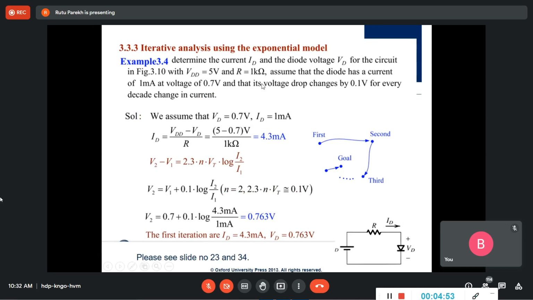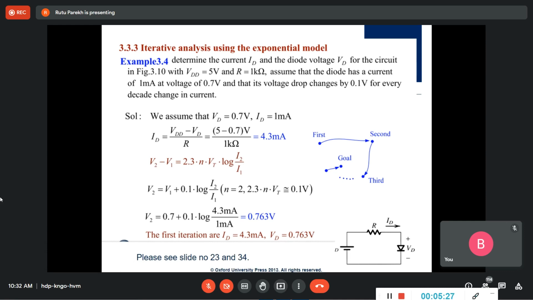And what it is saying, as we had seen, is V2 minus V1 and then the equation there. The voltage difference is 0.1 volt for a decade. So I2 upon I1 is 10. That is what it is telling in terms of equations, if you imagine your circuit conditions.